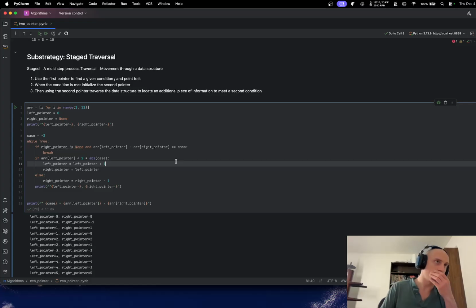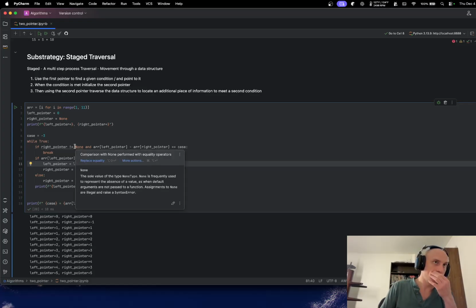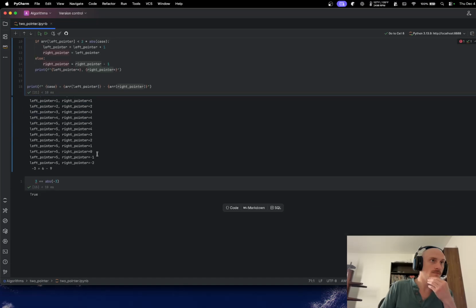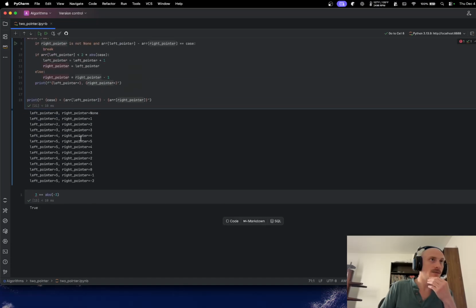Okay, there we go. Excellent. Now we're seeing it go through. They're both do. All right, we get to left pointer is at 5.